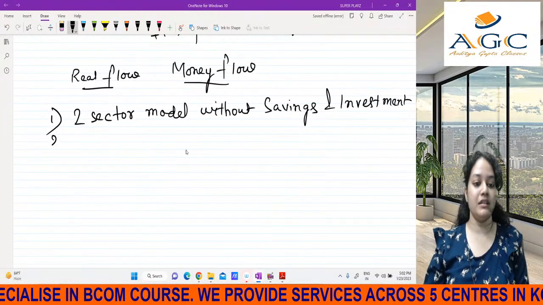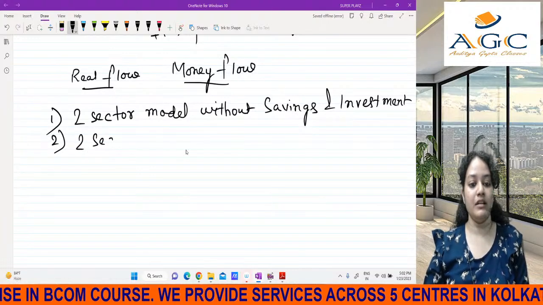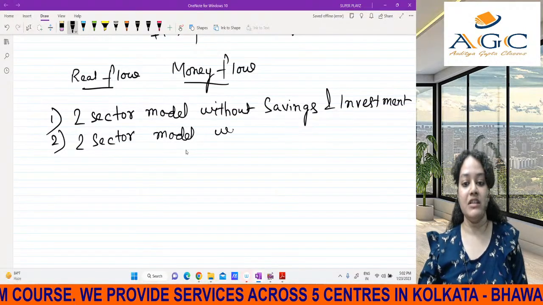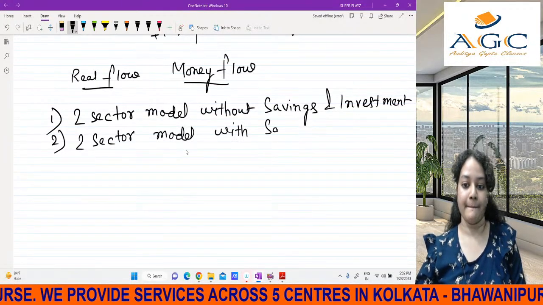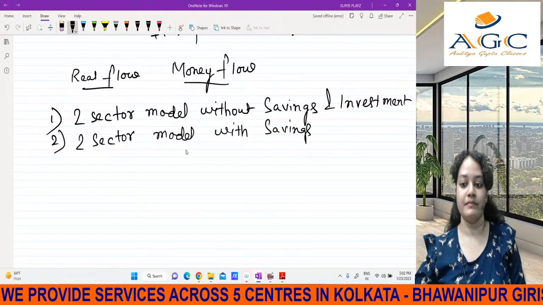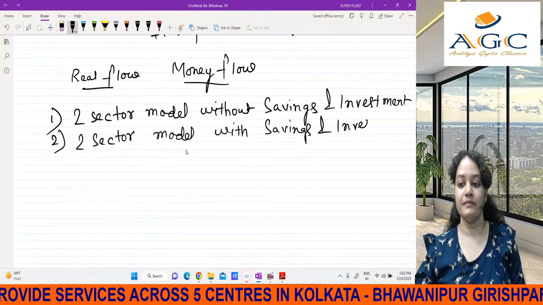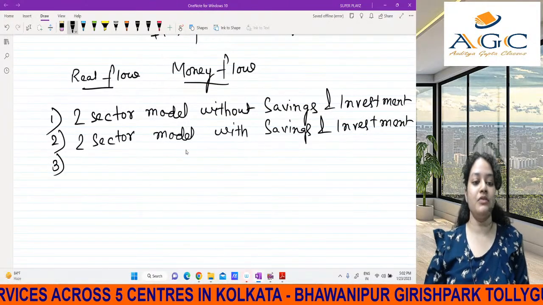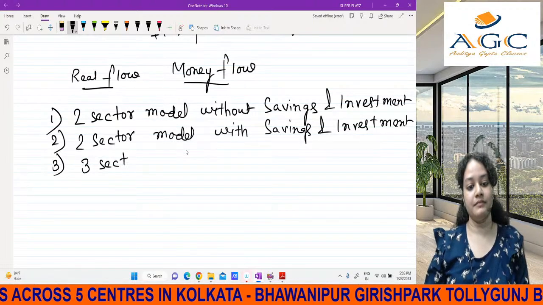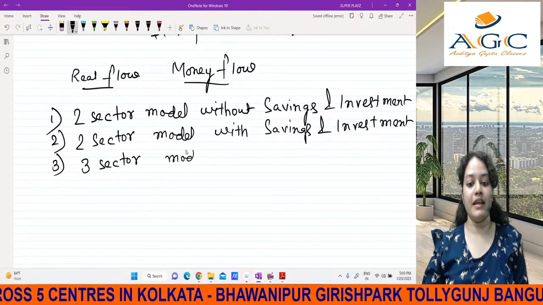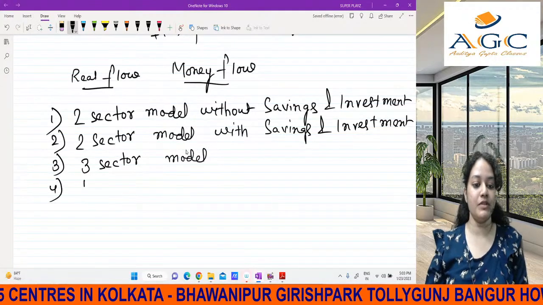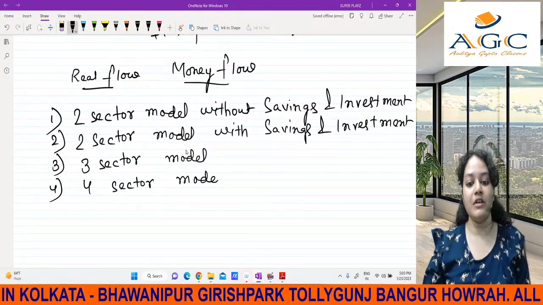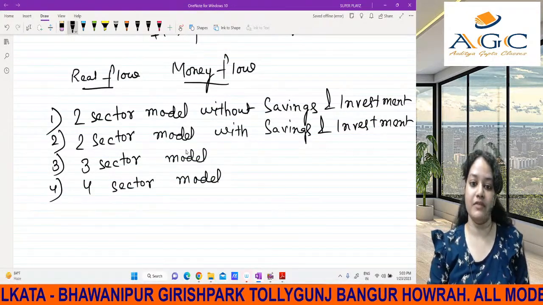The second one is the same two-sector model, but with savings and investment. Then comes your three-sector model, and then the last one is our four-sector model. We will be discussing the two-sector model without savings and investment first.